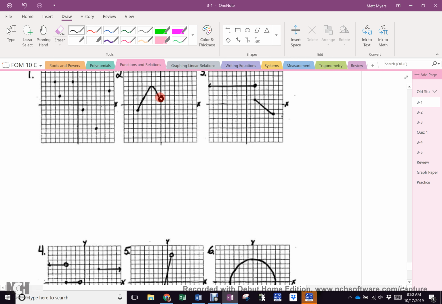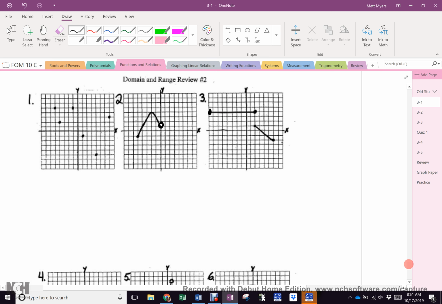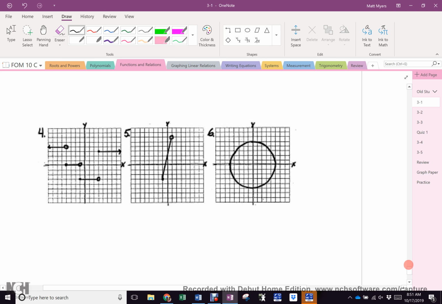Okay, on 85, please. Number 2 has an open dot right there. That is an open dot. Number 3, that looks like an arrow, but it's a dot. Everyone is good? Number 4, the dots on the right are open dots.